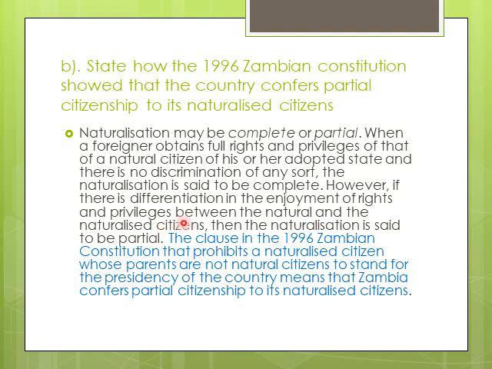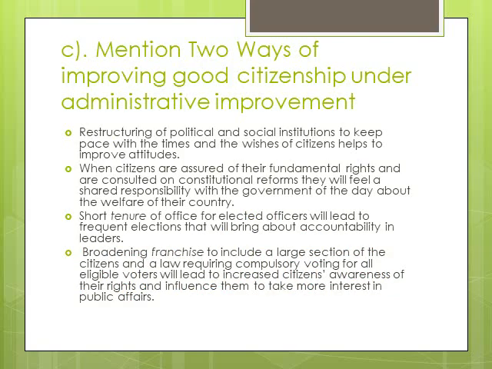The clause in the 1976 Zambian constitution that prohibits a naturalized citizen whose parents are not natural citizens from standing for president of the country means that Zambia confers partial citizenship to its naturalized citizens. You see? That explains itself.